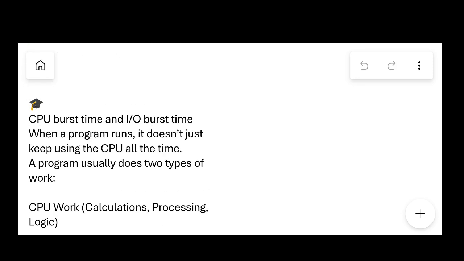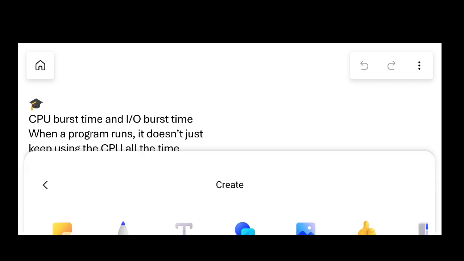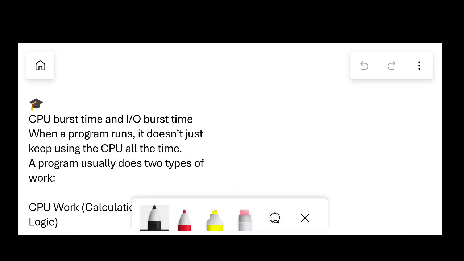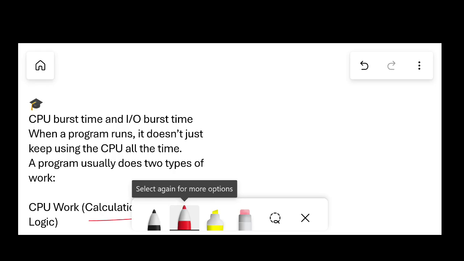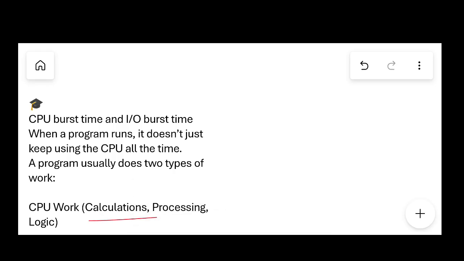So first let's understand what CPU burst time means. Basically, whenever a process is performing calculations, running logic or executing instructions on the processor, that time is called a CPU burst.